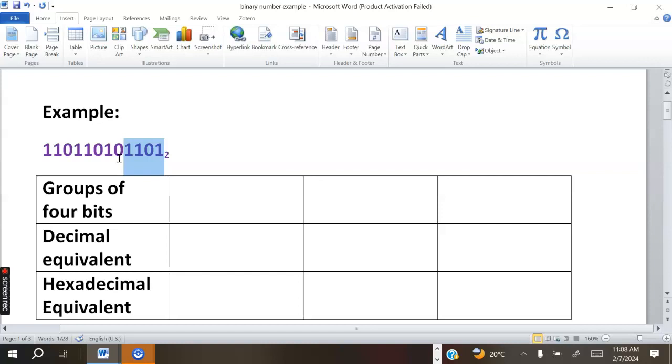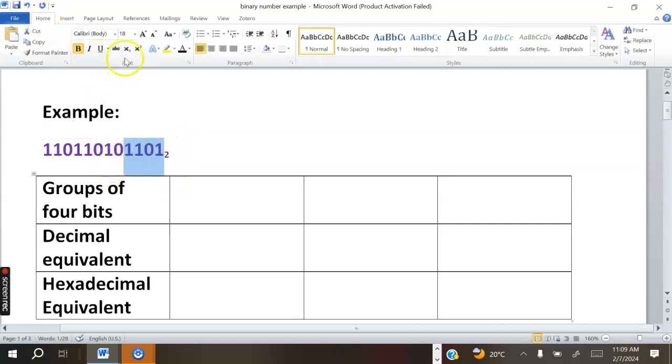While for the fractional part, you are supposed to start differently, but maybe I will come to that later on. But for this one, let's arrange in groups of 4.